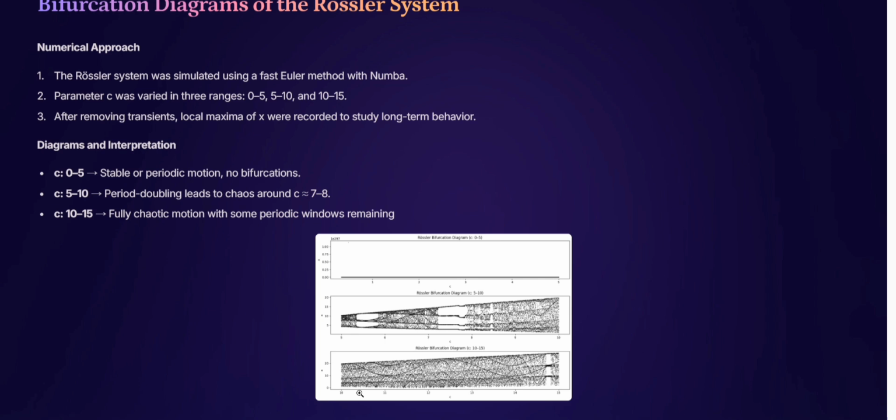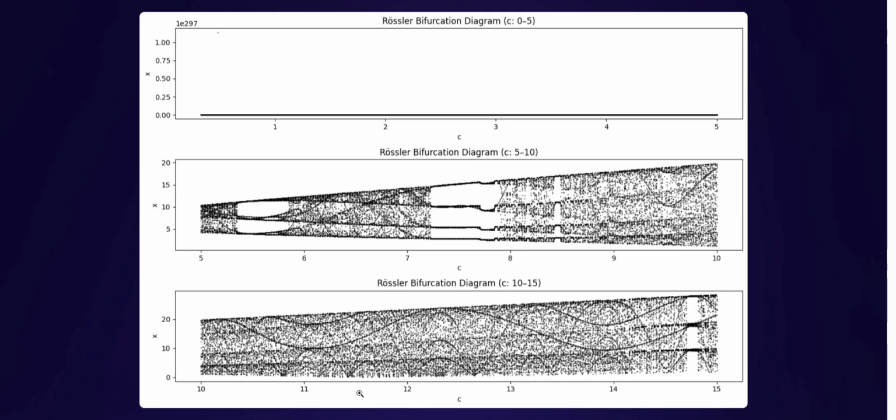In the diagram we can see that at 0 to 5, stable or periodic motion is happening, no bifurcation. At 5 to 10, period doubling leads to chaos, a small amount of chaos, for C equal to 7 to 8 approximately. And for 10 to 15, fully chaotic motion is happening, and this is the bifurcation image of the Rössler system.